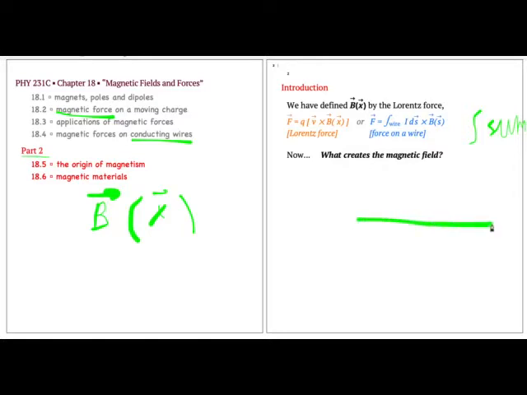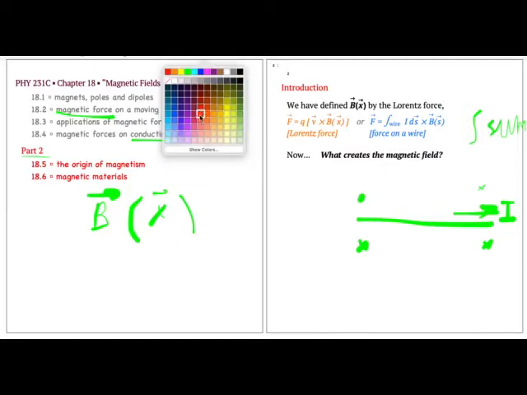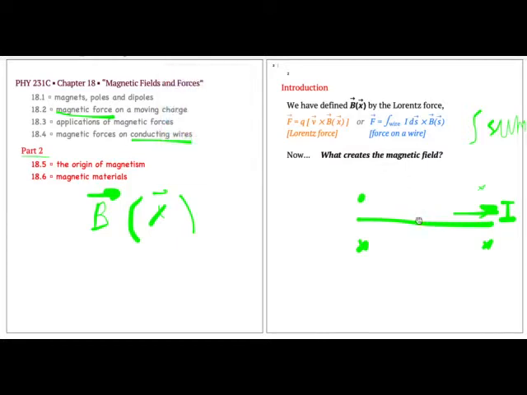So if you have a wire carrying a current I in a magnetic field, which is, say, pointing away from you, the force is in the direction of the current cross the field.